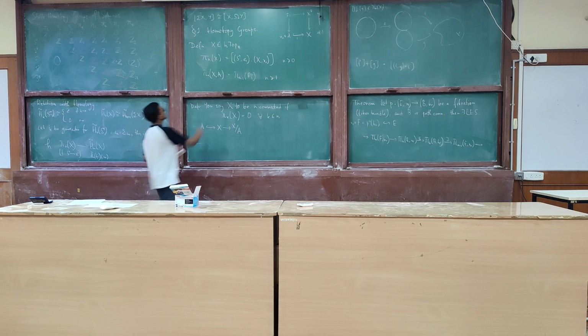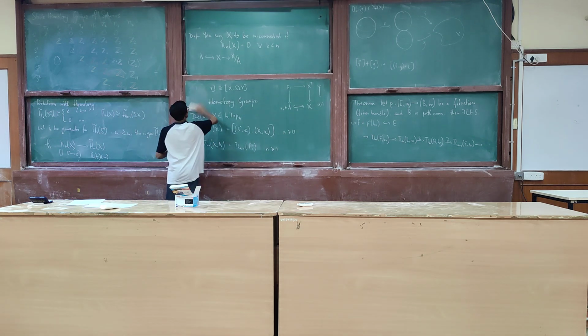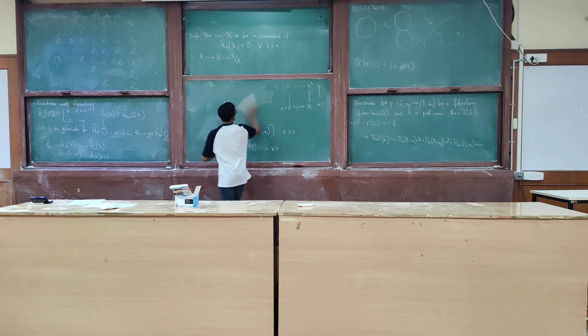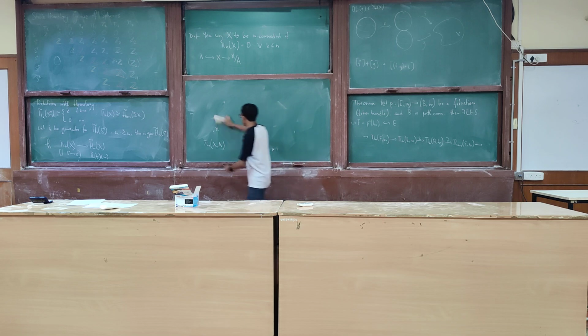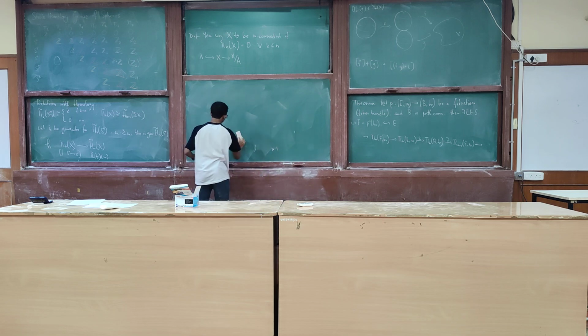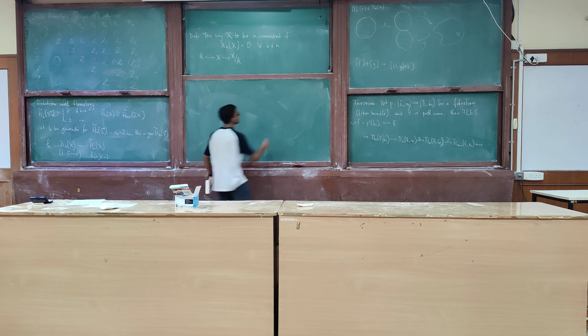This map is called the Freudenthal map, and what can be shown is that it is a group homomorphism and it satisfies the natural condition.